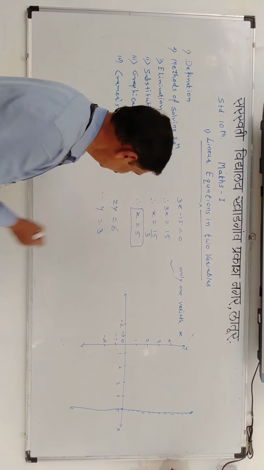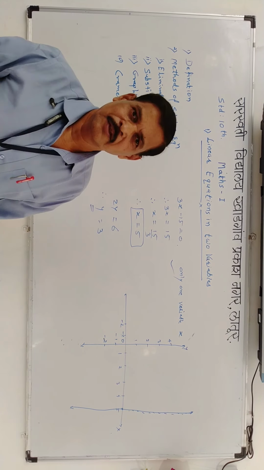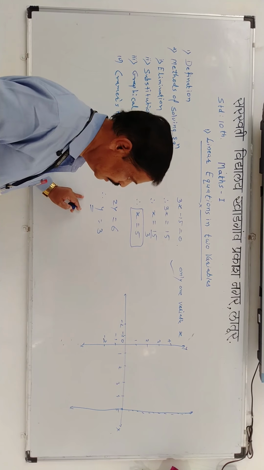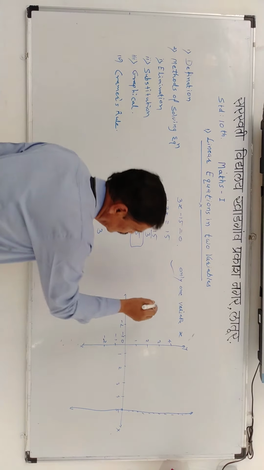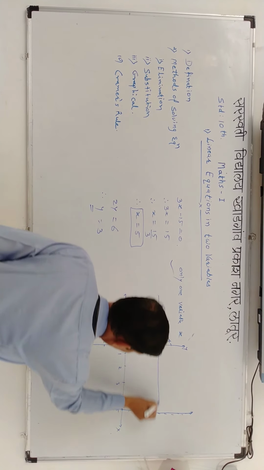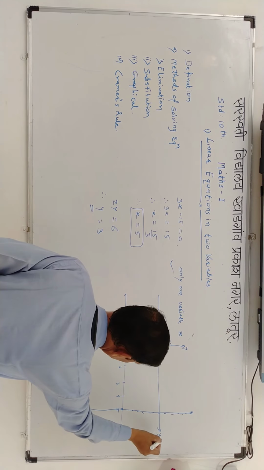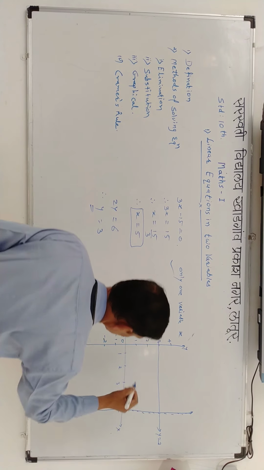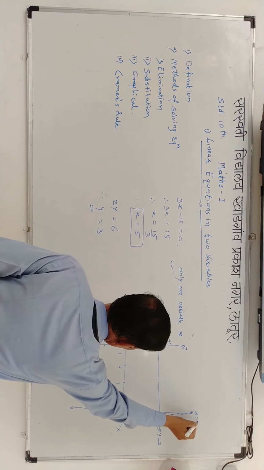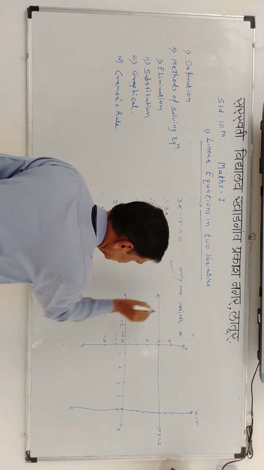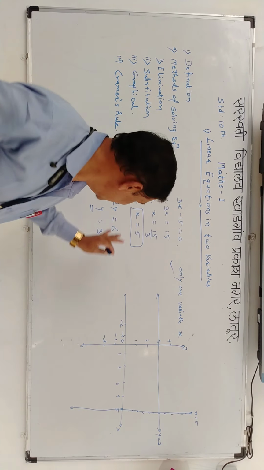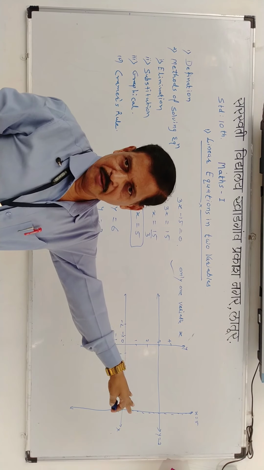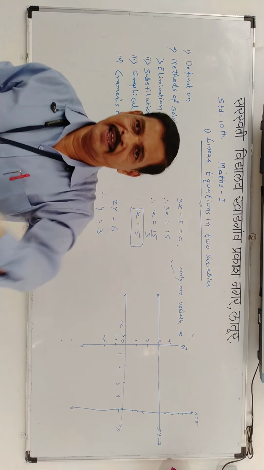The variable y is only one there, and when we draw this line y is equal to 3, it is parallel to the x-axis. Everywhere on this line the y coordinate is 3, but x varies.